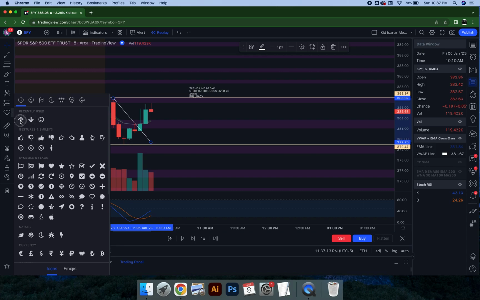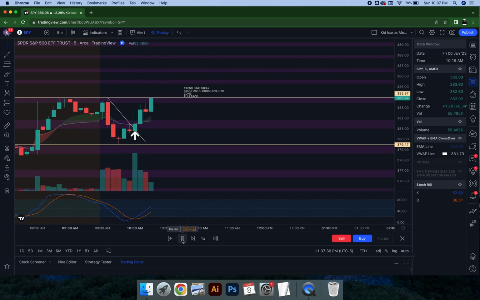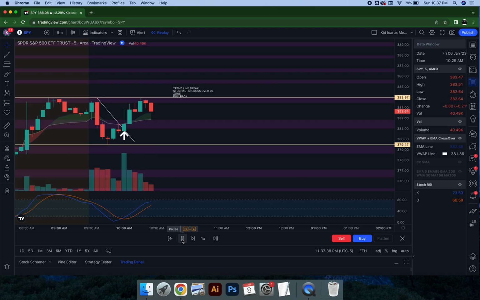I'll go ahead and draw a little arrow on it like I like to do. And this is where I took my entry. You can see my stochastic is crossing the 20 right here. And we have a trend line break and a pullback. So on this candle itself, it busted up here, pulled back, enter, right? And let me go ahead and hit play. We can see how this plays out.